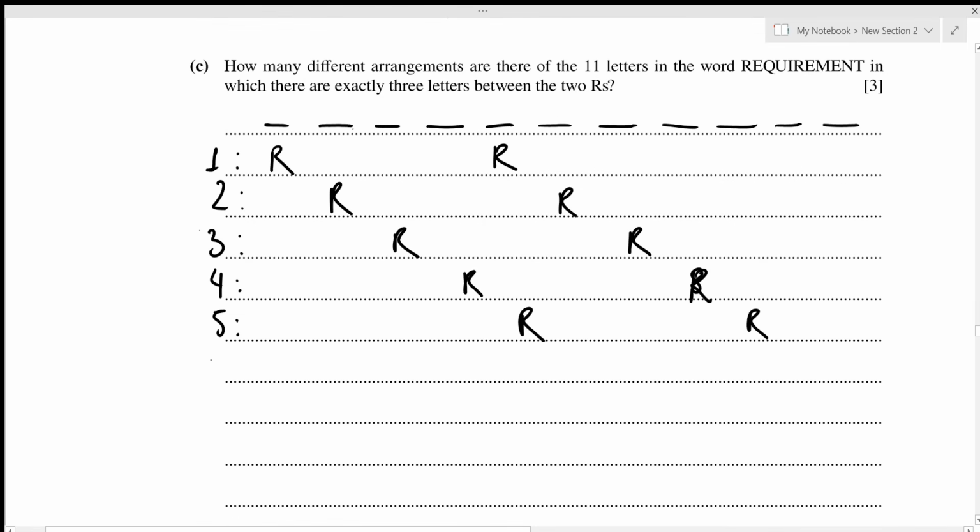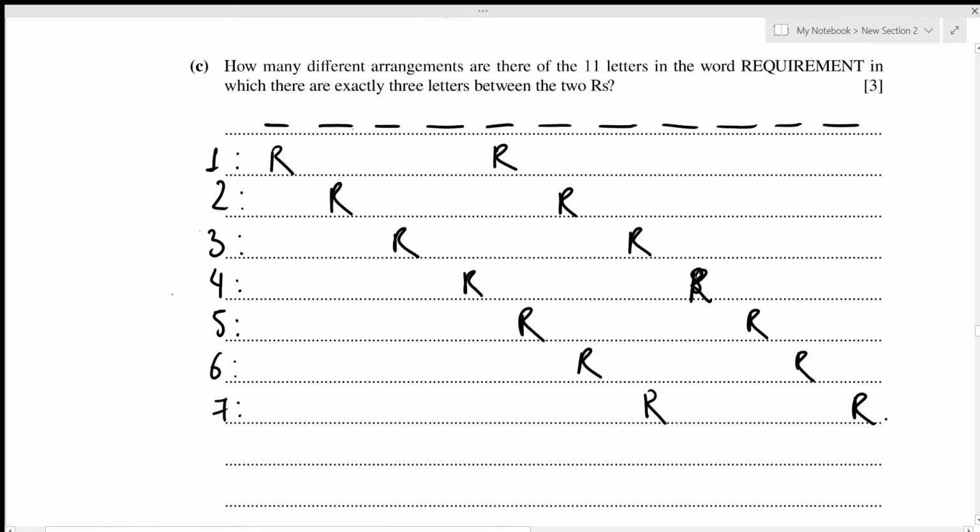For the sixth placement, we can have first R on the sixth position and the second R on the 10th position. And for the seventh placement, we can have first R on the seventh position and the second R on the 11th position. Now, these are the total possibilities.